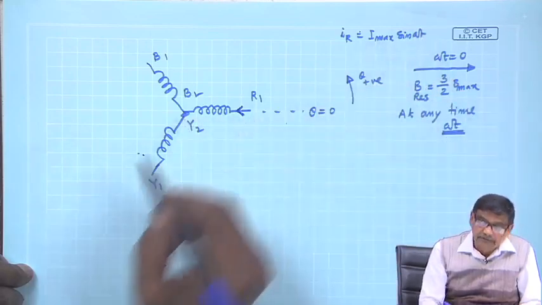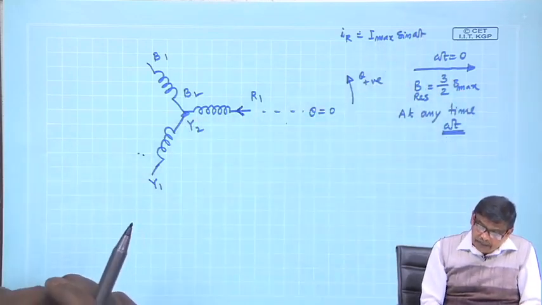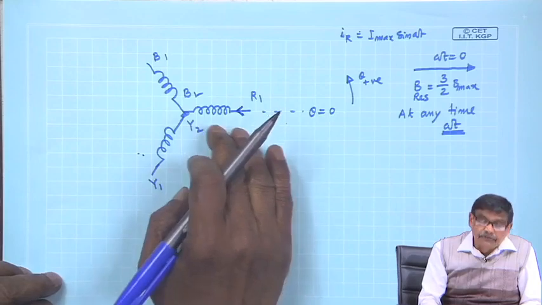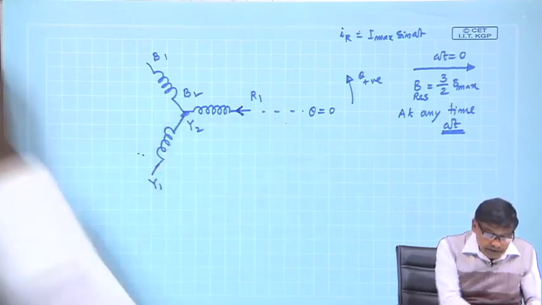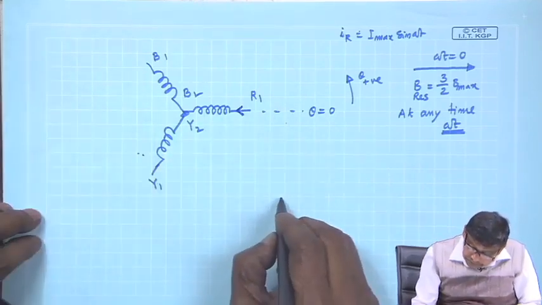This is the current in R phase. What will be the field produced by this? This will be just this.